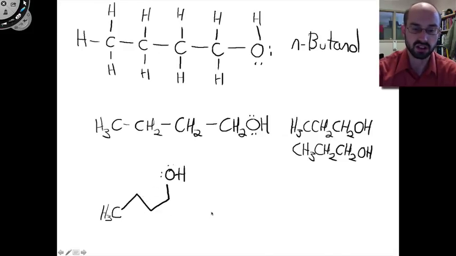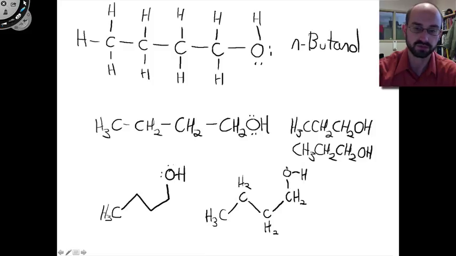You'll also see sometimes written in this combination of the condensed and line angle structure, where you have the carbons attached at angles like this, but you show everything explicitly and you still show the bonds here. So these, let's see, 1, 2, 3, 4, 5, 6 different ways are all ways of representing N-butanol, 1-butanol.